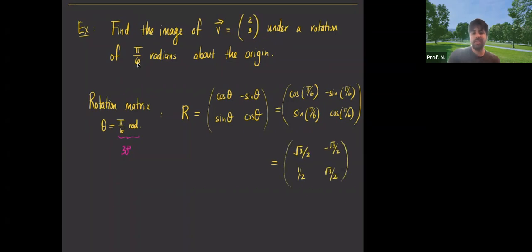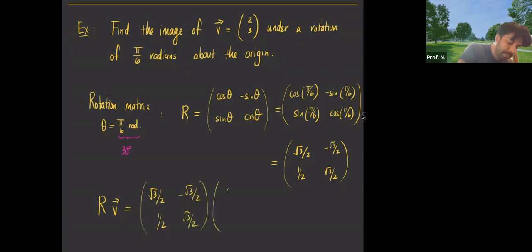So this matrix is not just a random matrix. It's not just random anymore. Now when I apply it to a vector, RV in this case, with rad 3/2, negative rad 3/2, 1/2, rad 3/2, it's not going to be a pretty number.